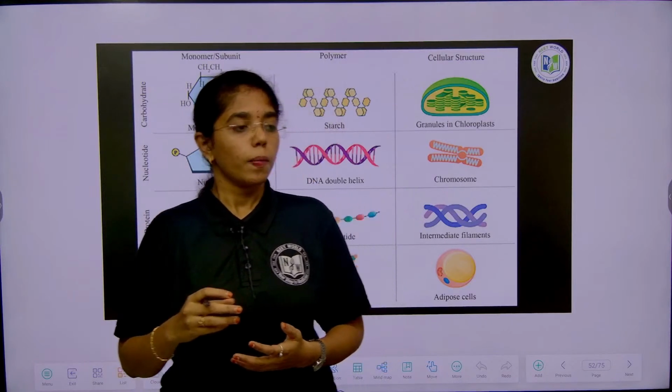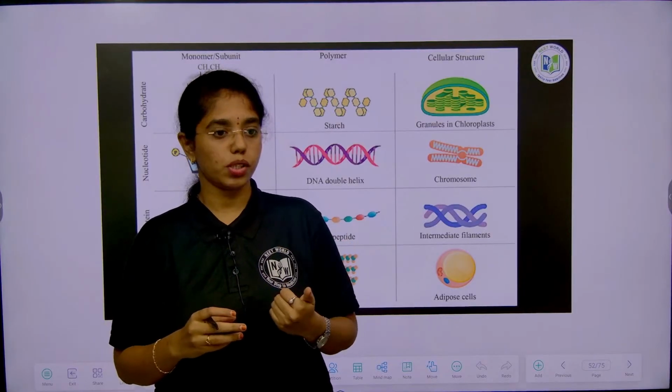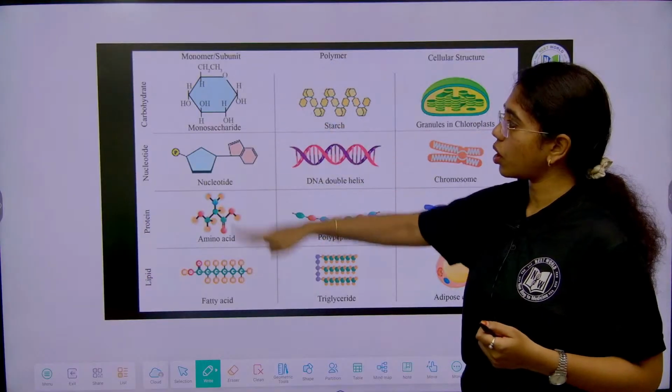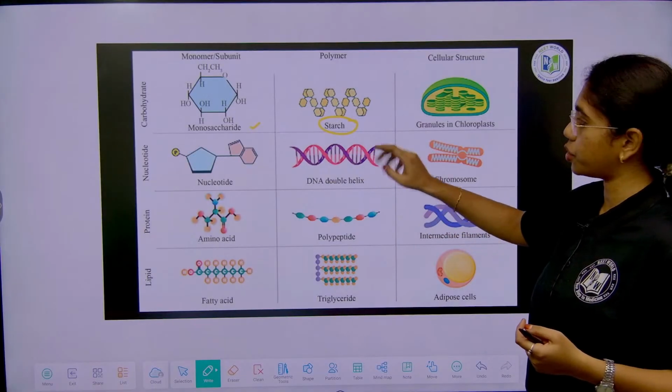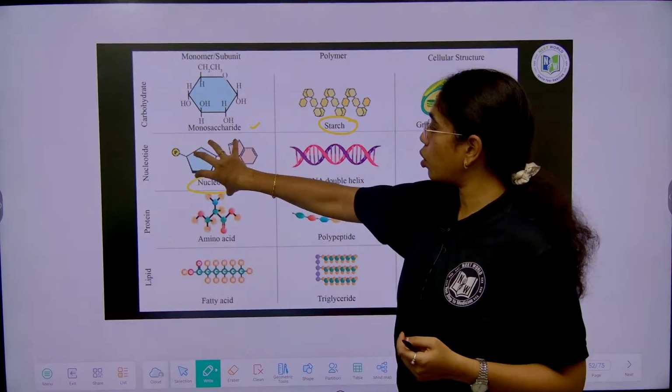Those reactions are catalyzed by what molecules? Enzymes. Okay. So for example, if we take the monomers of carbohydrate, what is it? Monosaccharides. For example, if we take starch, it is present in the chloroplast. Nucleotide is a monomer of what?